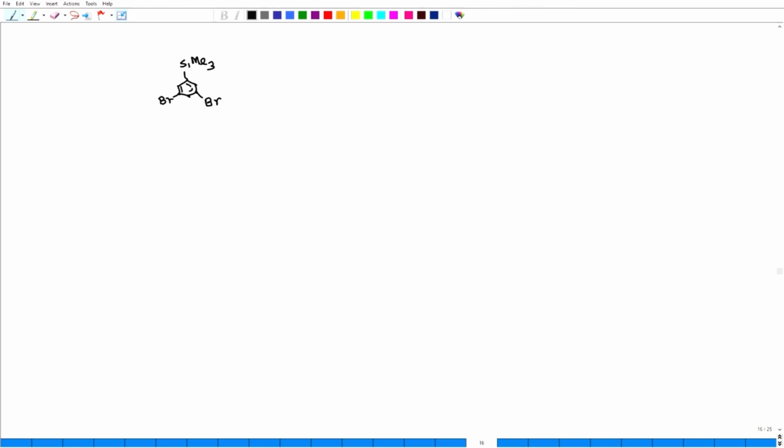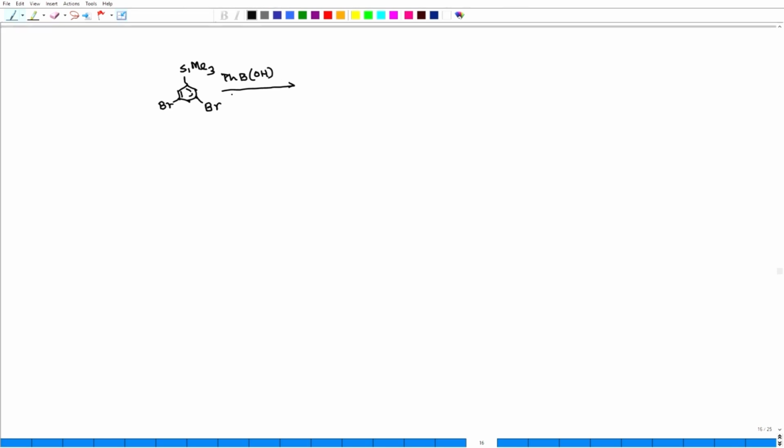Okay. So, this one on reaction with this reagent, in presence of palladium 0 catalyst and sodium carbonate. What do you get?